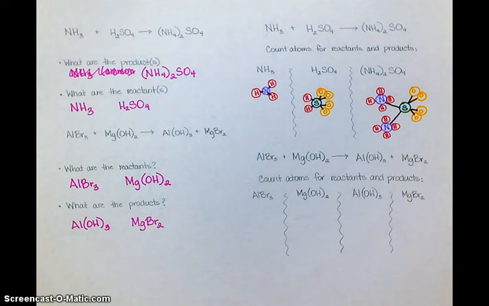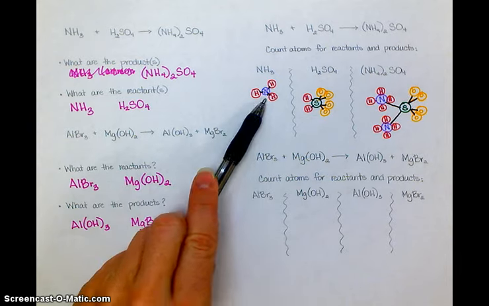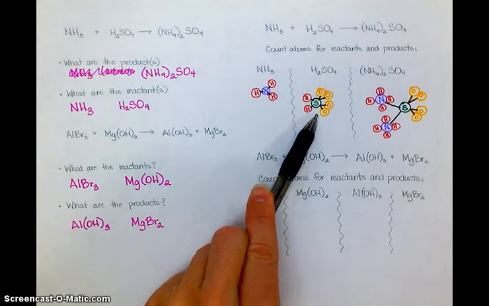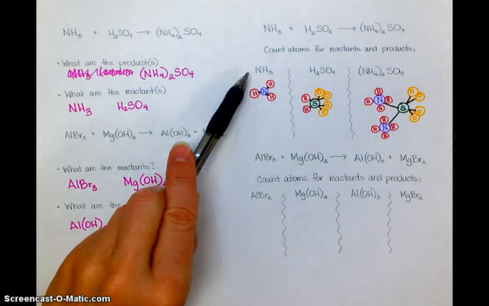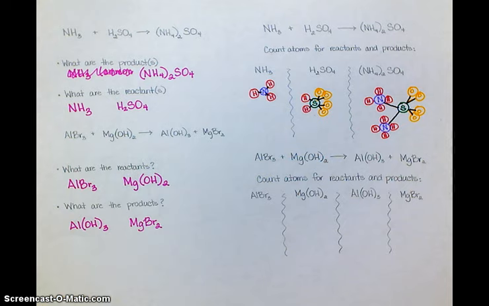I have 8 hydrogens on the product side but only 5 on the reactant side, so I have to fix that as well. The way that I do that, I can only add whole molecules, so I can add a whole molecule of this, or a whole molecule of this, or a whole molecule of this. Okay? It just so happens that the only thing I need to do is add a second one of these, and so that's what I'm going to do right now.